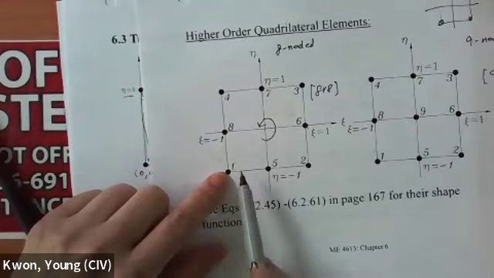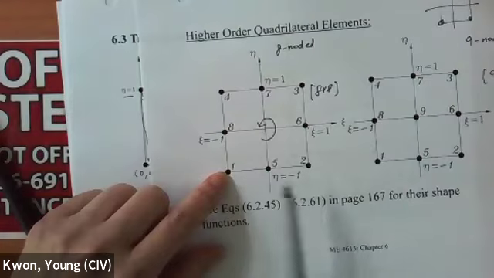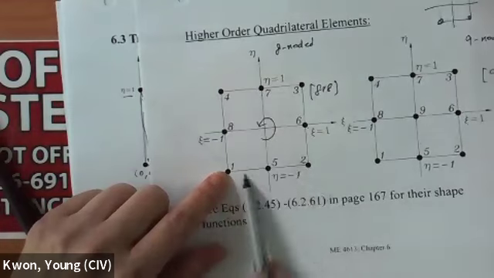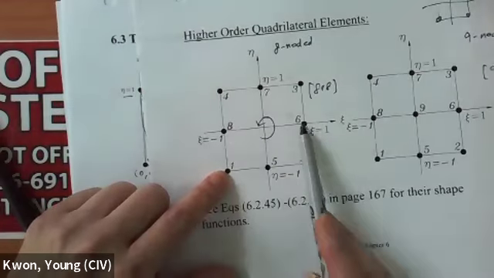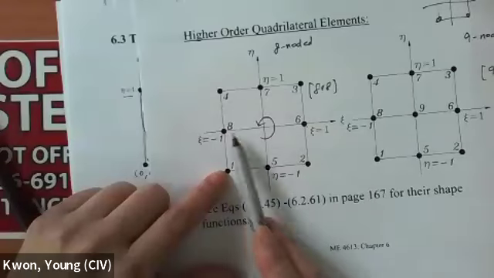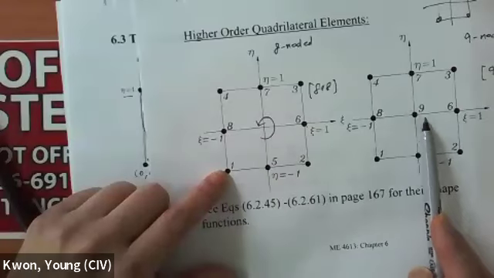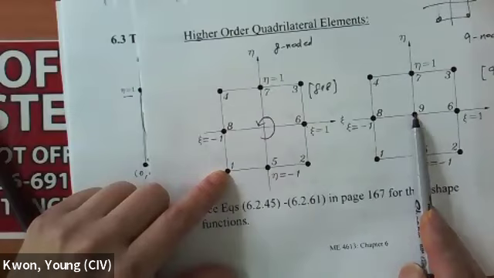The way we number is 1, 2, 3, 4, the corner nodes first, and then mid nodes 5, 6, 7, 8. Same thing in here. The 9 is going to be the last one in the middle.